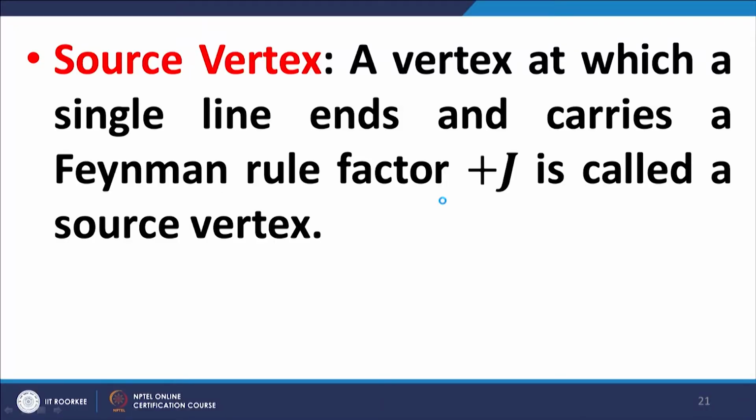So, let us proceed. Time flow can be taken either from left to right or from bottom to up, at the choice of the analyst. Connected diagrams are those diagrams where you can move from one point in the diagram to any other point following the lines of the diagram.